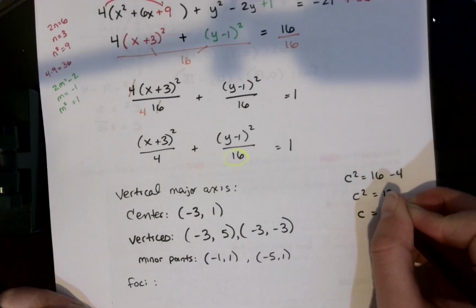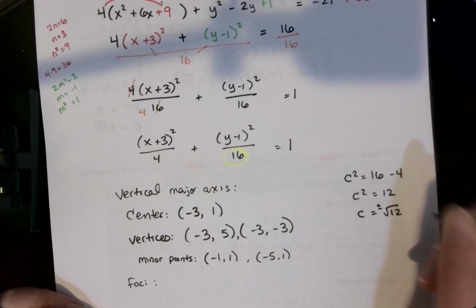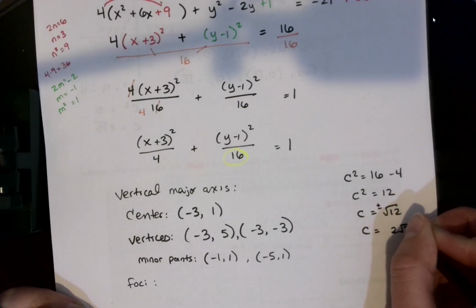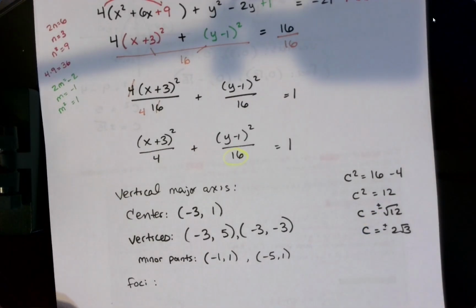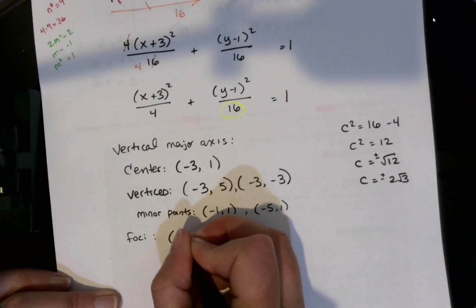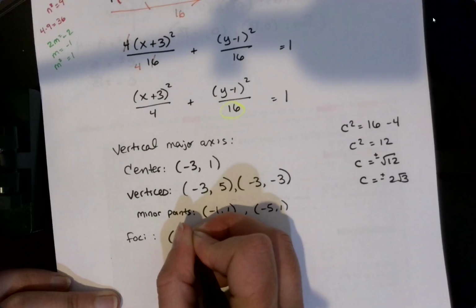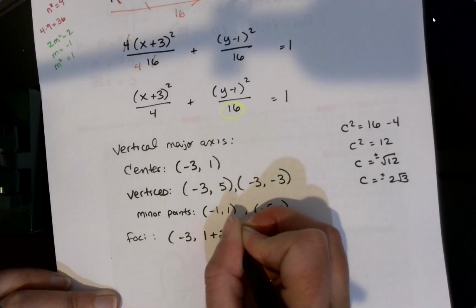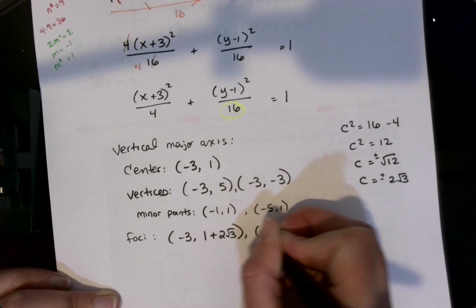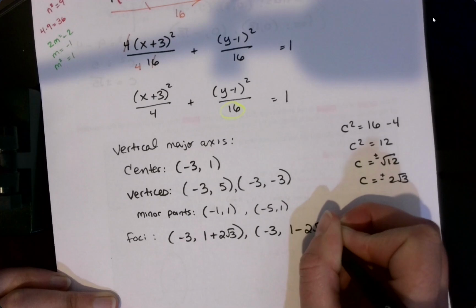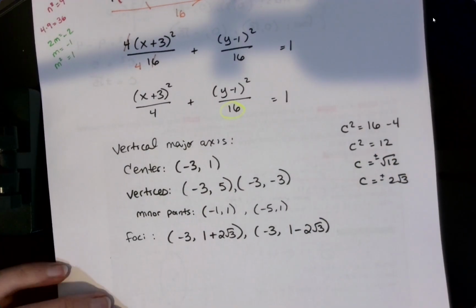So c is the square root of 12, which is 2 square roots of 3 up and down. So again, from our center, we will go up and down 2 square root of 3. So our x coordinate stays the same, and we'll have -3, 1 plus 2 square root of 3, and we'll have -3, 1 minus 2 square root of 3.